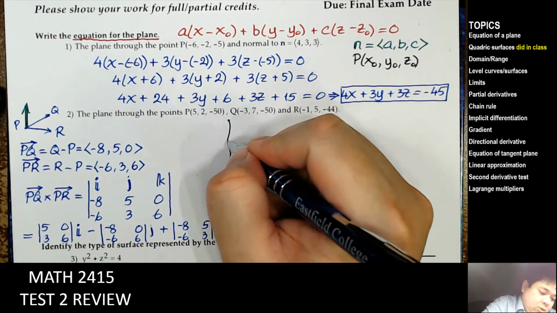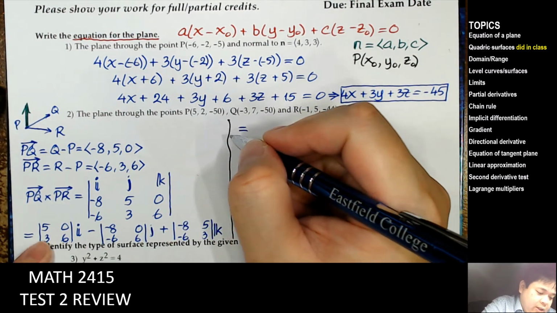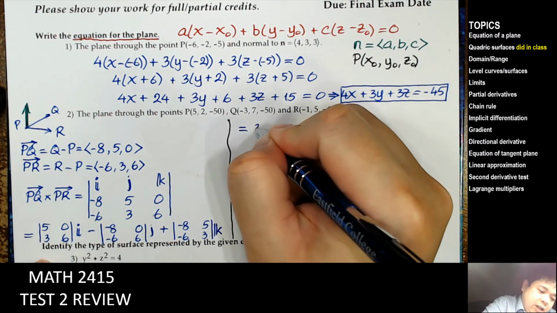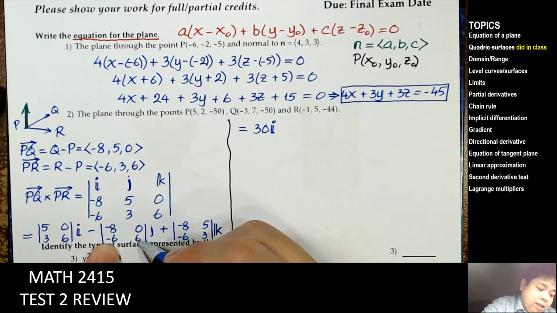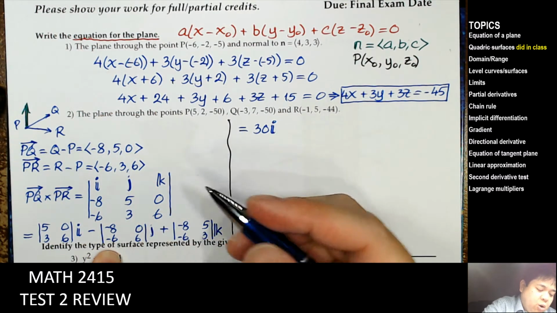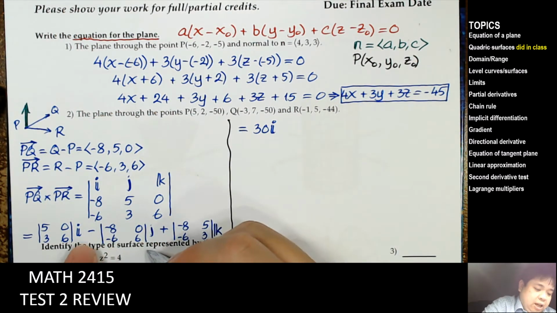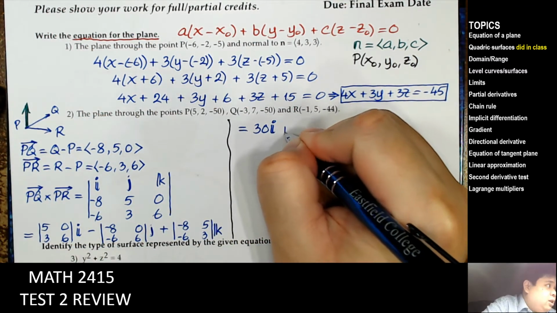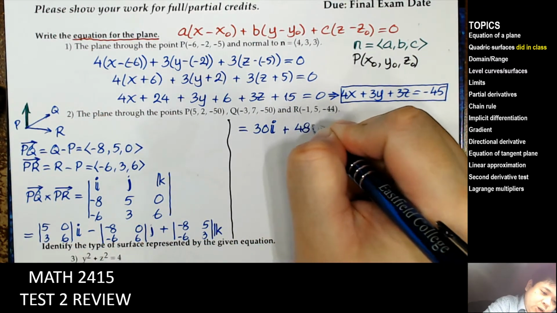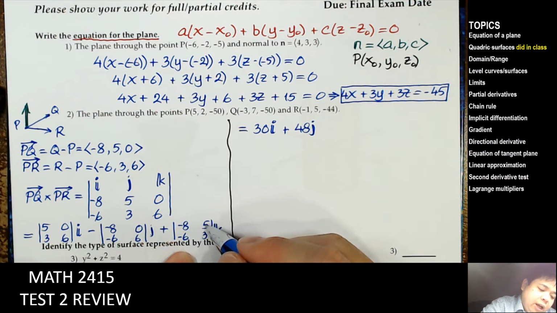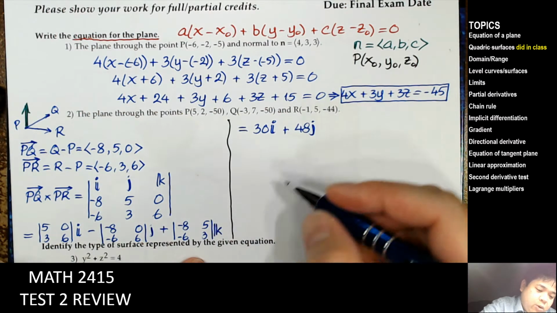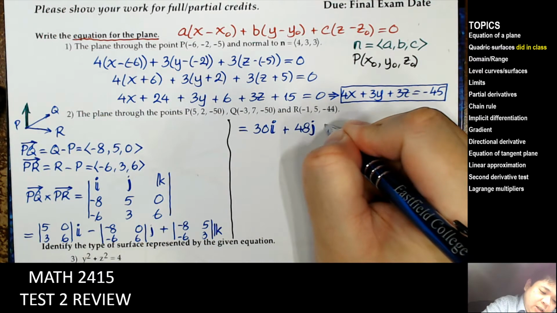Right. So in the cross product we should have 30i, then negative 48 minus 0, or plus 0, negative 48, and with an extra negative that is 48j, and then k: negative 24 plus 30 minus 24, so that's just positive 6k.